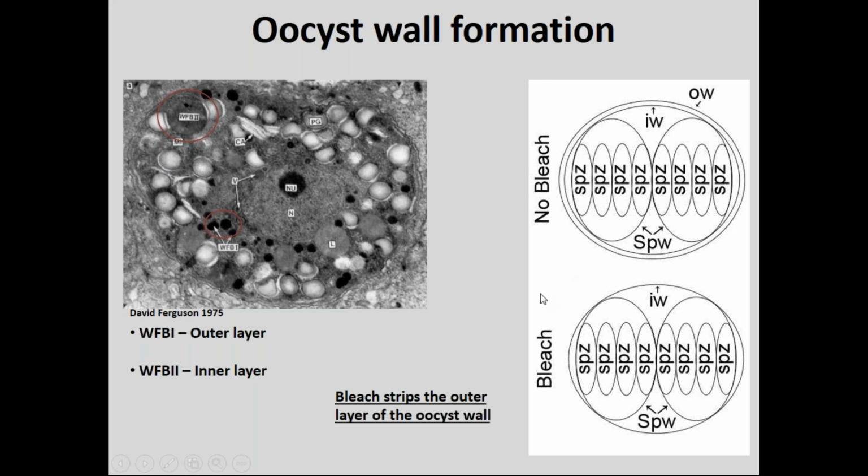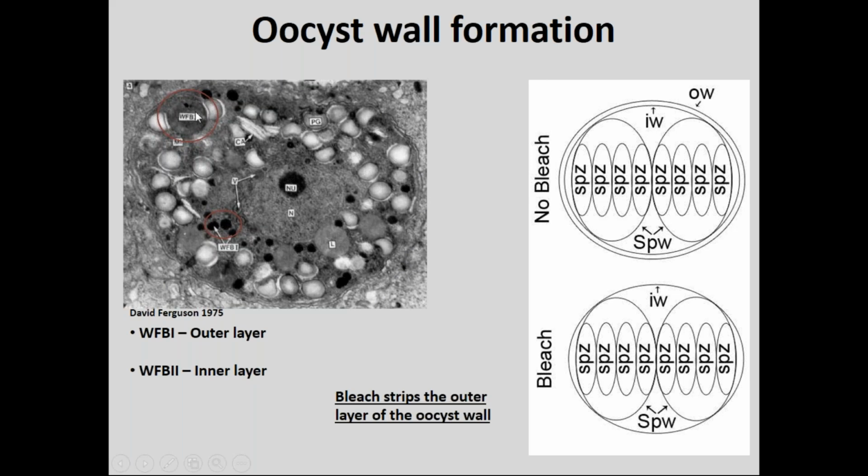If you treat the oocyst with bleach, interestingly, it strips the outer layer of the wall. So that was useful for determining which proteins are present in the outer versus the inner layer of the wall. And when the oocyst is formed within the cat enterocyte, this is an electron microscope image here.